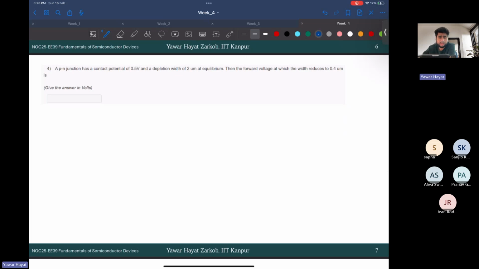What about this? Your PN junction has a contact potential of 0.5 volt. You are having a depletion width of 2 micrometer at equilibrium. Then the forward voltage at which the depletion width reduces to 0.4 micrometer is.